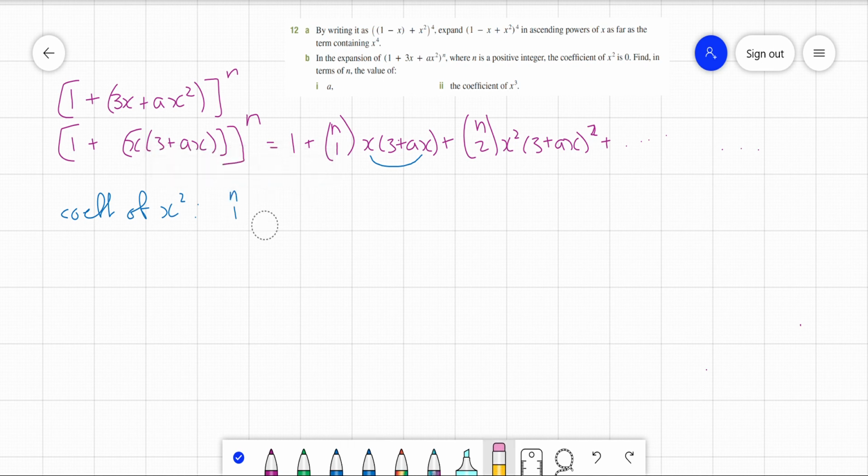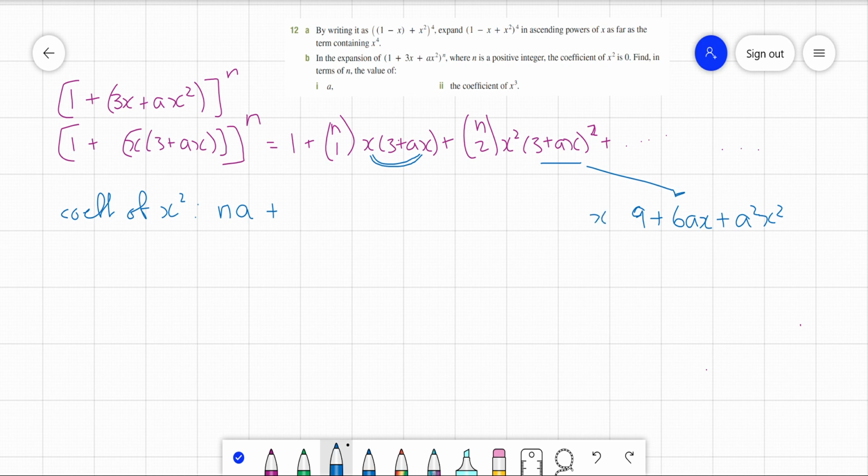So we're going to get n choose 1, and then x times x is x squared, but there's an a there, so I'm going to get na. Or I could get, so if I expand this out using the square, you see we would have a 9. 3 squared is 9. We would double the product, so 6ax, and then we'd also have a squared x squared. So that's if I expanded that out.